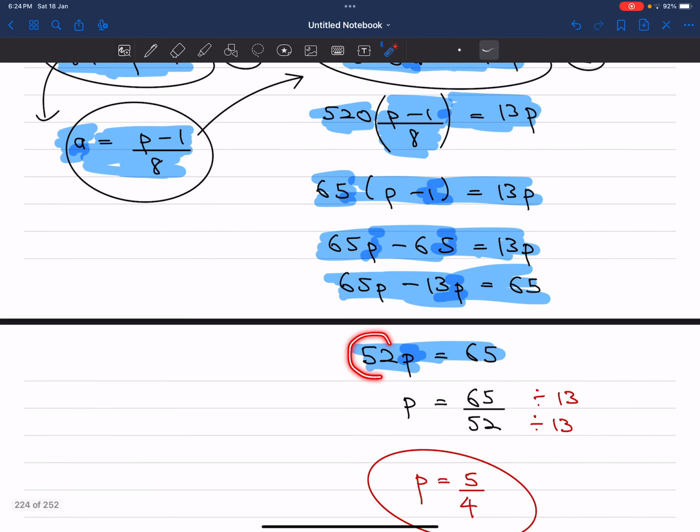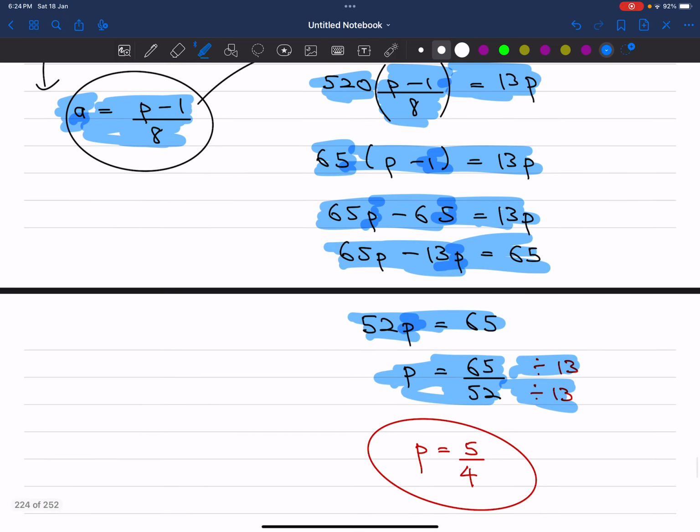And then the 52 transfers to the right hand side. So P is 65 divided by 52. Use your calculator, divide by 13, divide by 13. We finally get P equals 5 over 4. Okay, that's it. Thank you. I see you in the next lesson.